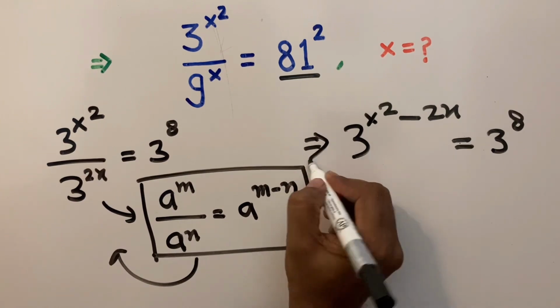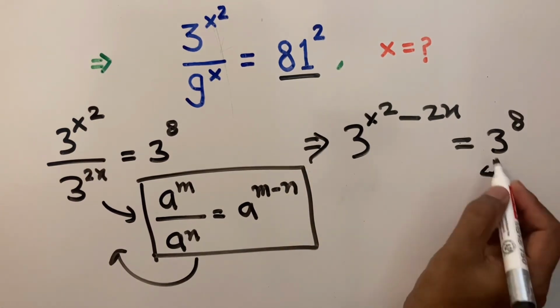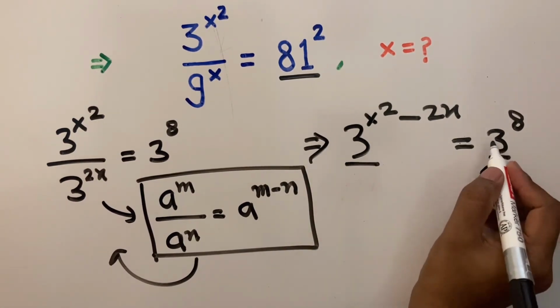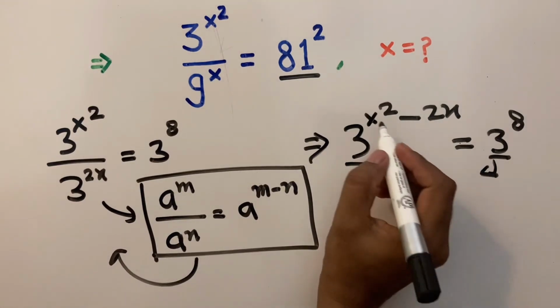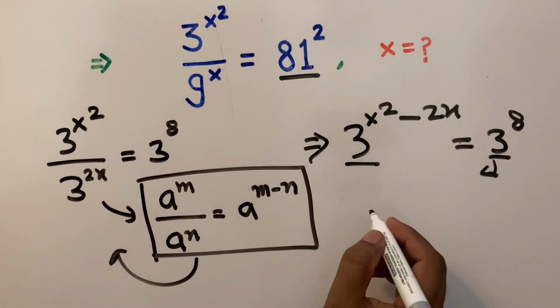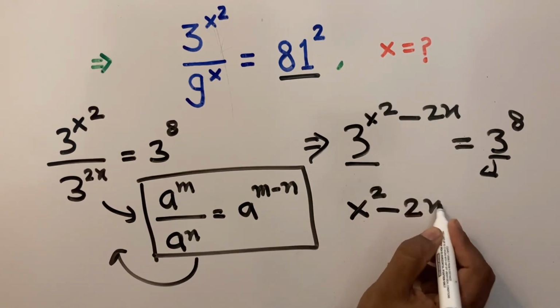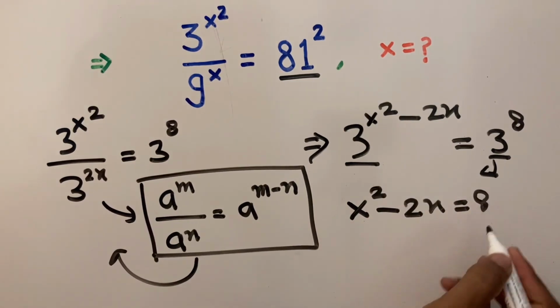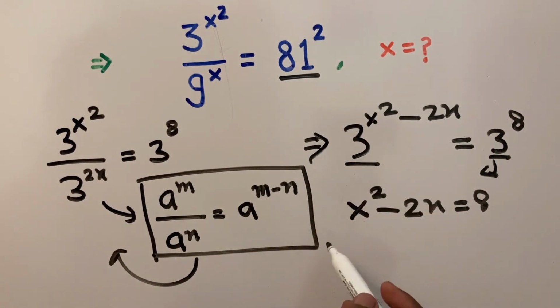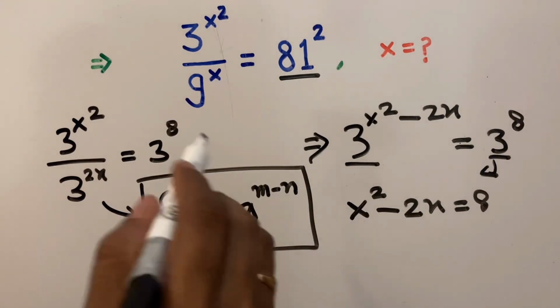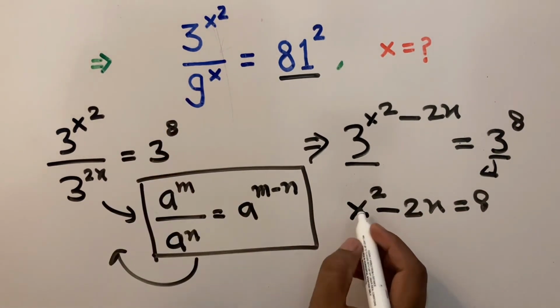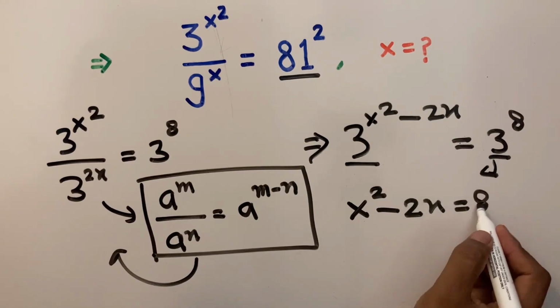Here, on both sides of the equation the bases are the same, equal to 3, therefore their powers can be equated. So it becomes x² minus 2x equals 8. So this question has been simplified to a quadratic equation, which is x² minus 2x equals 8.